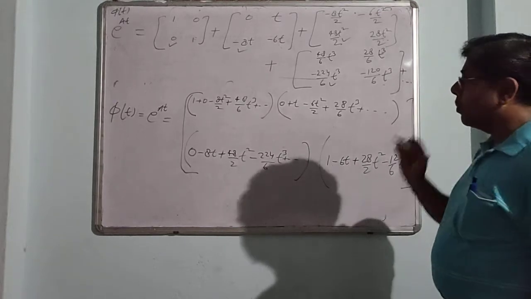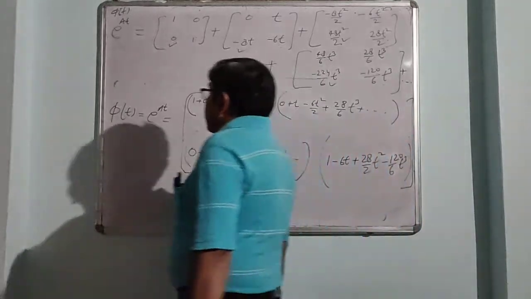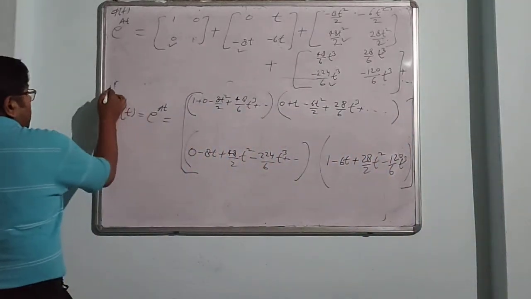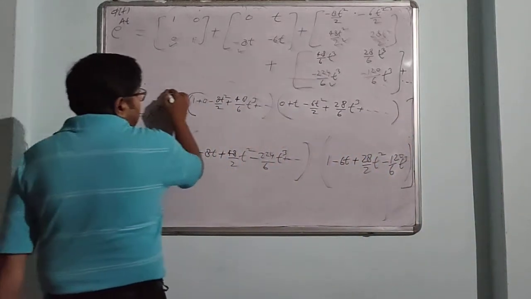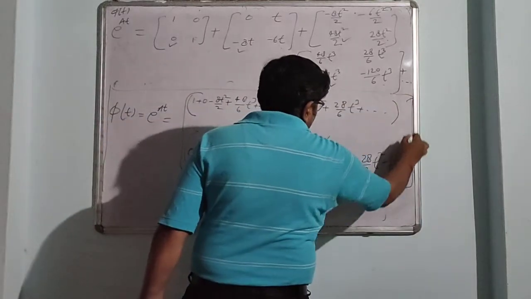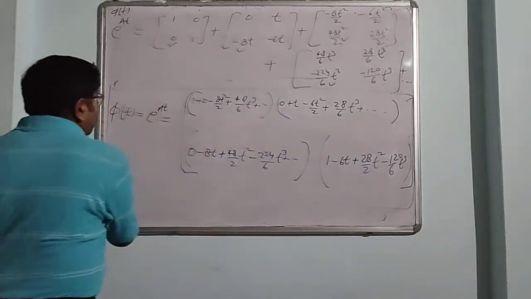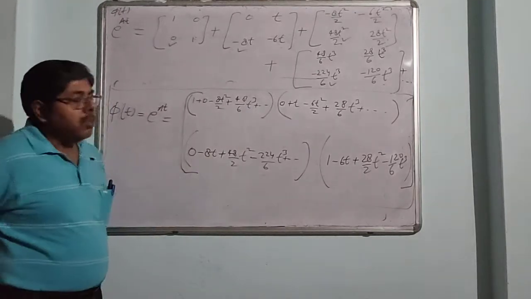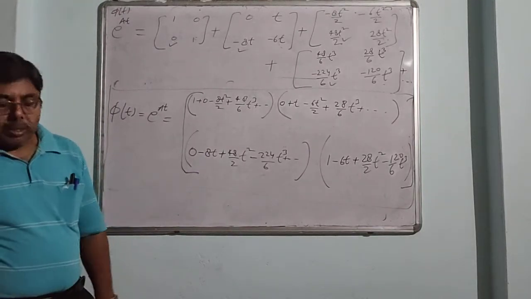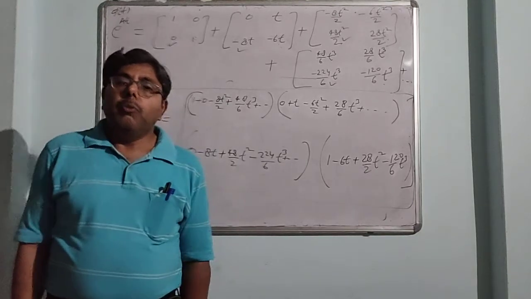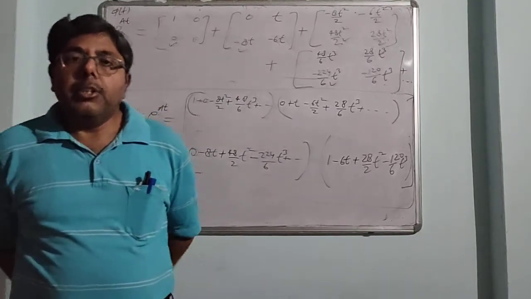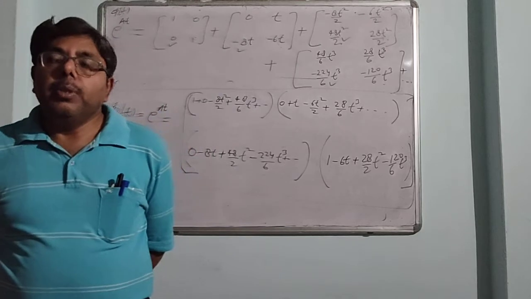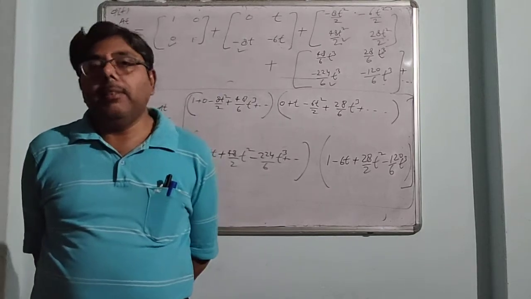So this is the state transition matrix. This is the state transition matrix for given problem. You can simplify all these terms. So this is the method to find the state transition matrix by using series summation method.